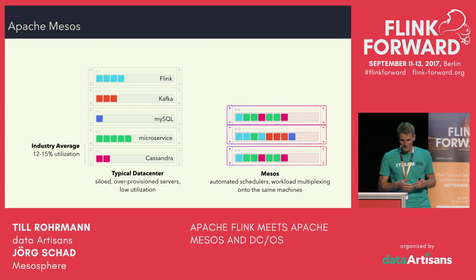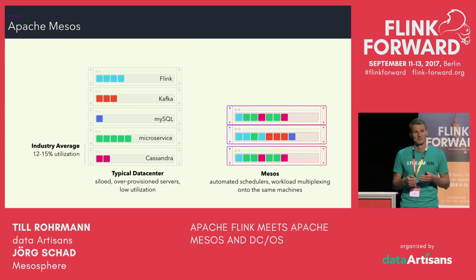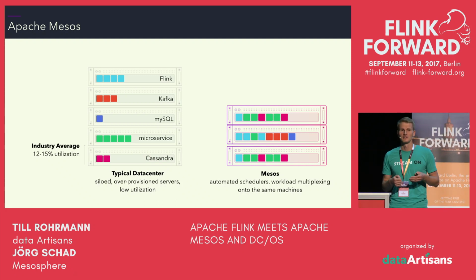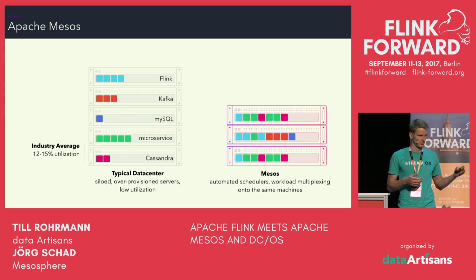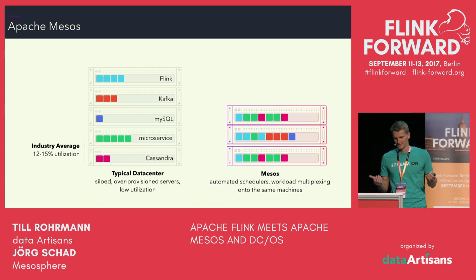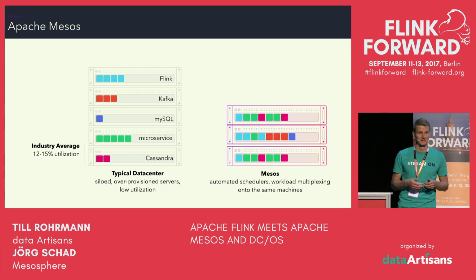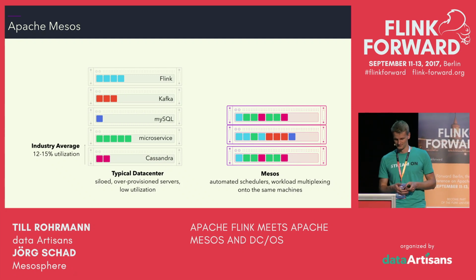And what we don't lose with Mesos is the isolation. So Mesos will make sure that the different applications don't interfere with each other using C groups and namespaces. And that way, we basically have a much better resource utilization and can decrease our costs.